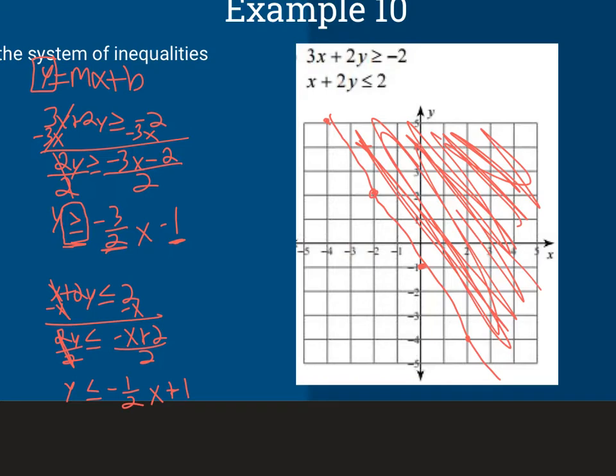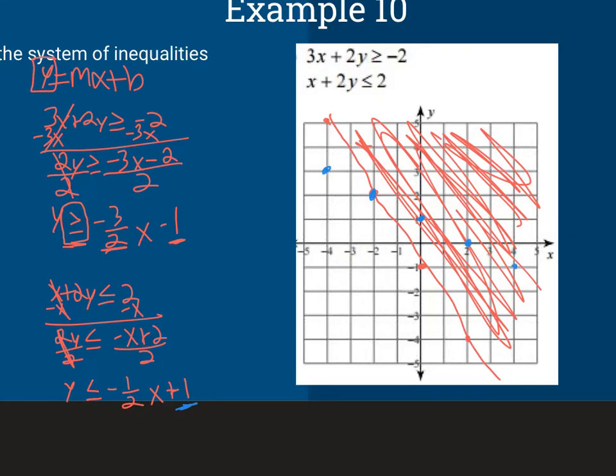Now, let's graph our next equation. I'm going to use a different color for that one. I know my y-intercept is plus 1, so I'm going to start at 1 on my y-axis, and it's negative 1 over 2. So again, I'm going up and to the left, so I'm going to go up 1, left 2, up 1, left 2. I'm running out of space, so now let's go down 1 and 2 to the right.